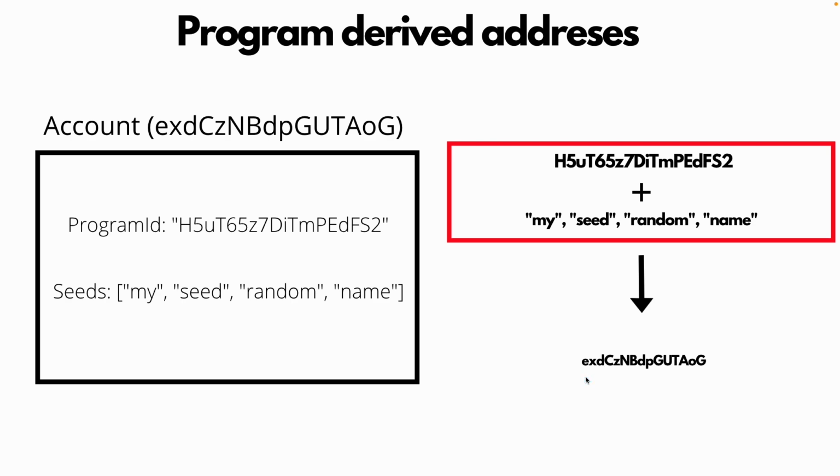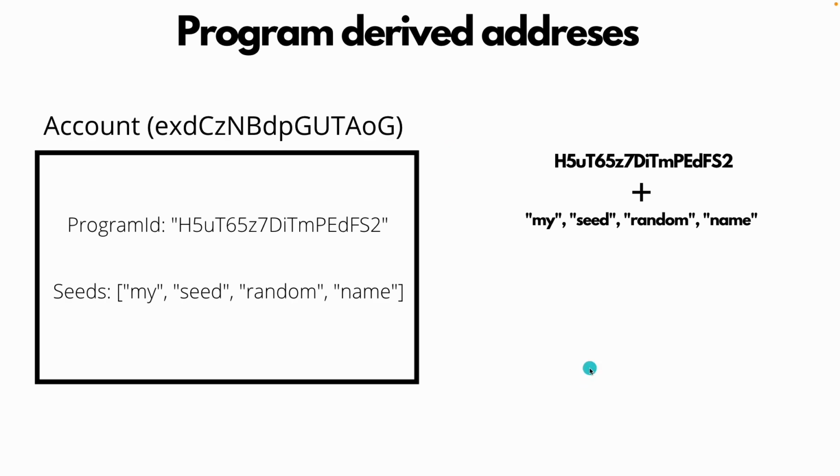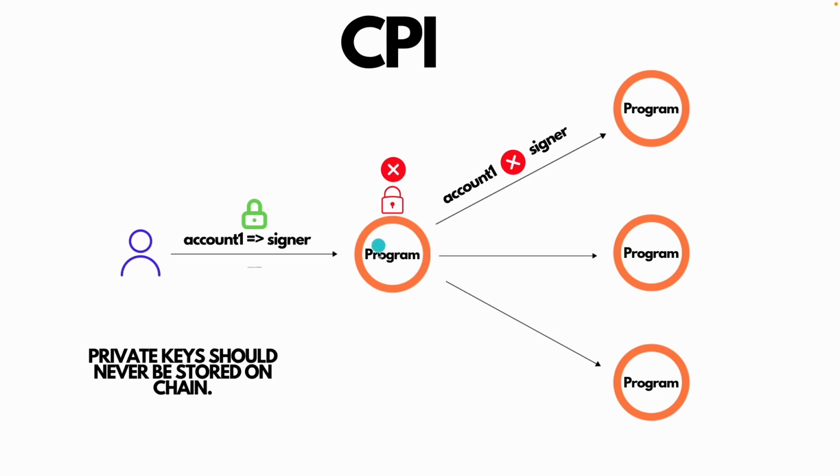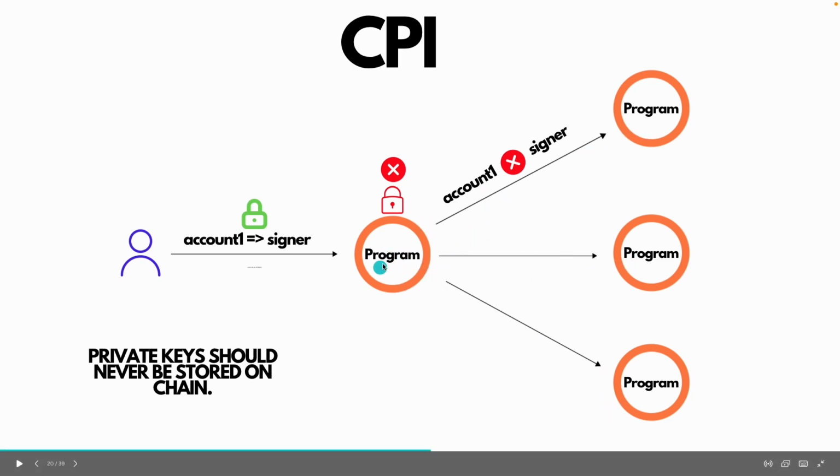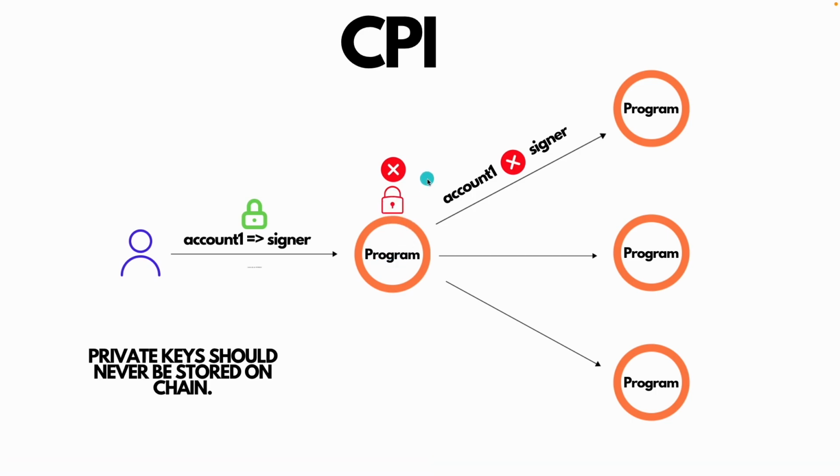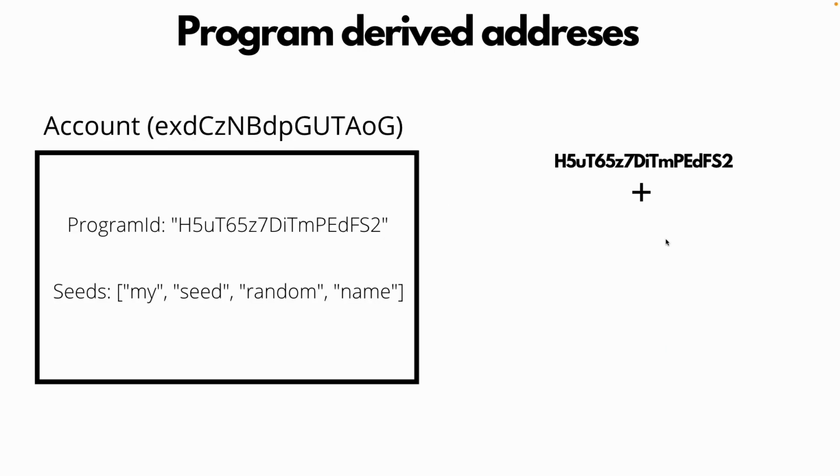But the basic idea is that as long as your program here is able to derive a few of these addresses, that program will have access to sign on behalf of those accounts, and only that program will have that access. So if you create a PDA here, you can sign all of these transactions, but let's say this one is making a CPI ahead, this one cannot sign a transaction based on the PDA created here. This will have to create its own set of PDAs where the program ID is this program ID. So that's a property of a PDA.